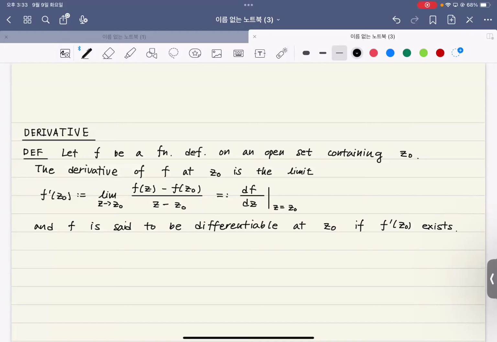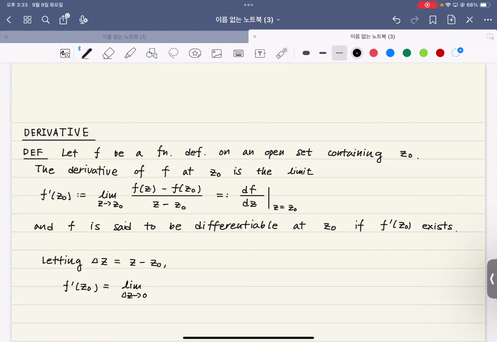By just using a change of variables, if I set delta of z to be z minus z0, I can rephrase the definition in another form like this.